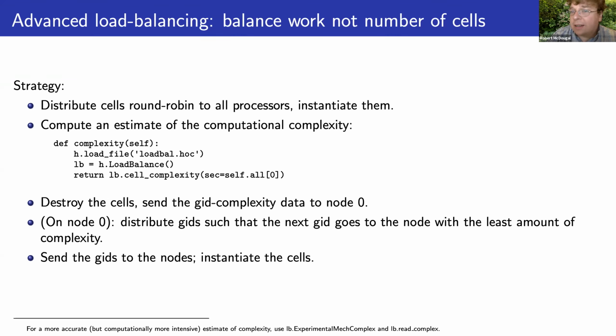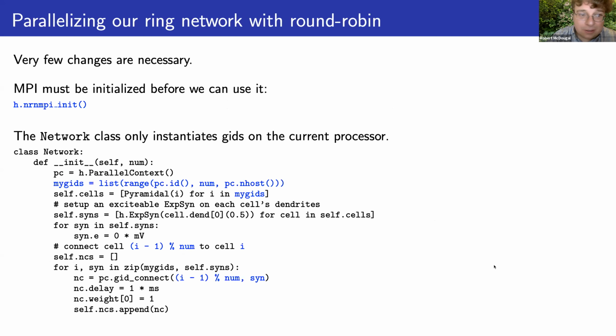But how do we actually parallelize this? Let's actually run something in parallel. Okay, a couple of things that we have to do first. In order to do this, we're going to need to initialize MPI. MPI is the communication library for parallel computation, parallel process-based communication. And so in Neuron, we can initialize MPI using h.nrnmpi_init.